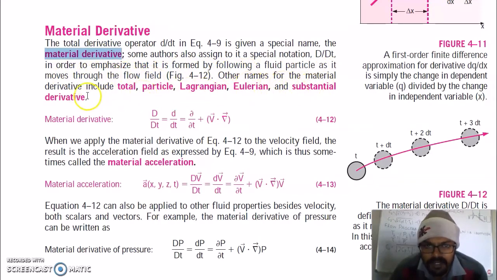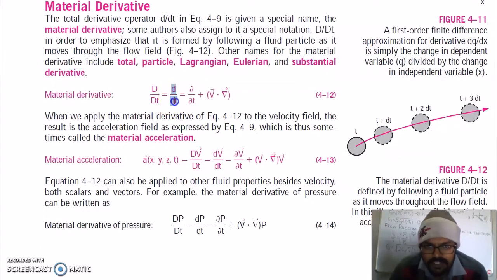Other names for the material derivative include total, particle, Lagrangian, Eulerian and substantial derivative. If you apply this derivative on the velocity field, you will get material acceleration. This is your material acceleration here.